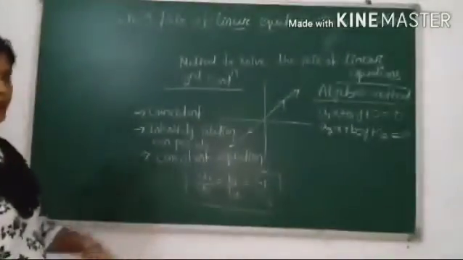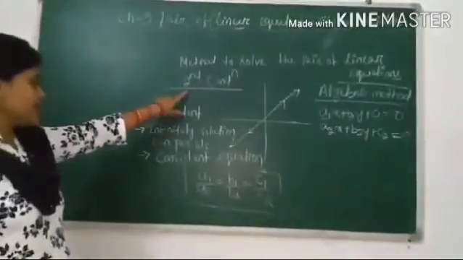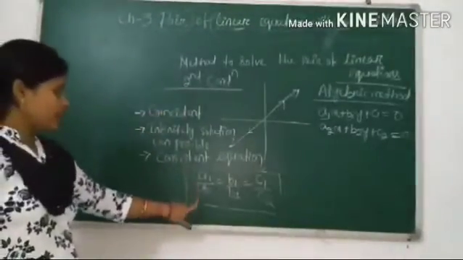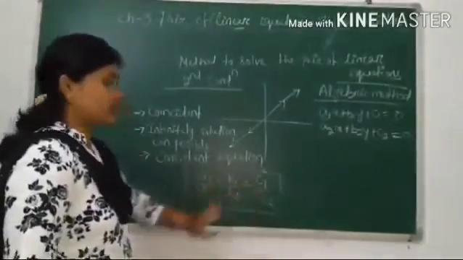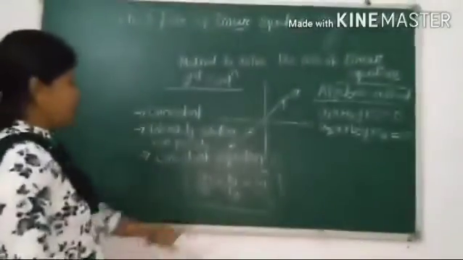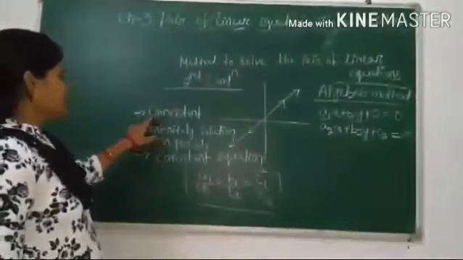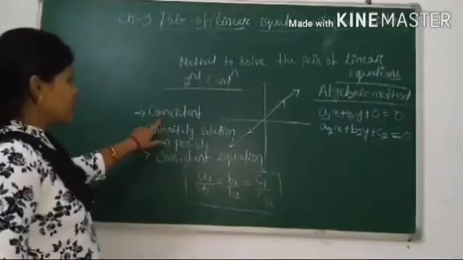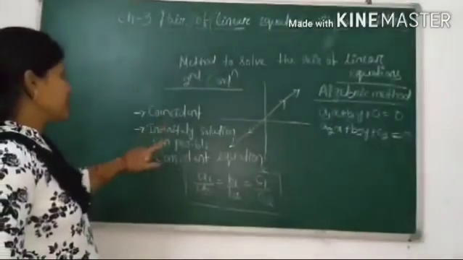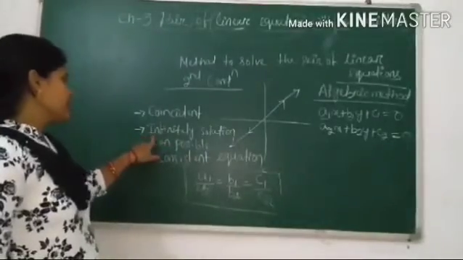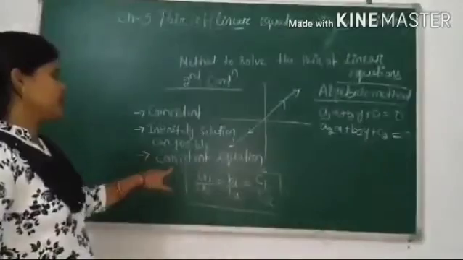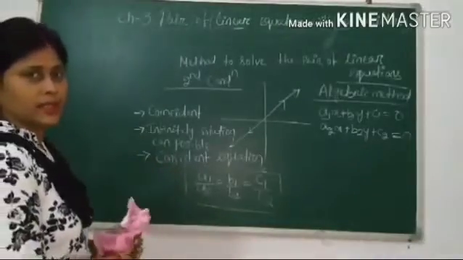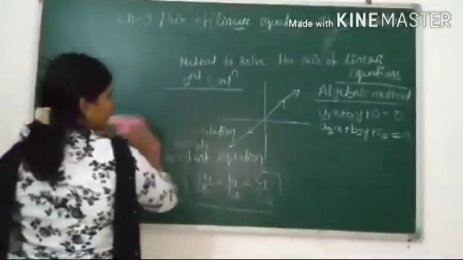Got it? So in the second condition, A1 by A2 is equal to B1 by B2 is equal to C1 by C2. And this type of equations are known as coincident, so that infinitely many solutions are possible, and this is a consistent equation. Then come to the third condition.